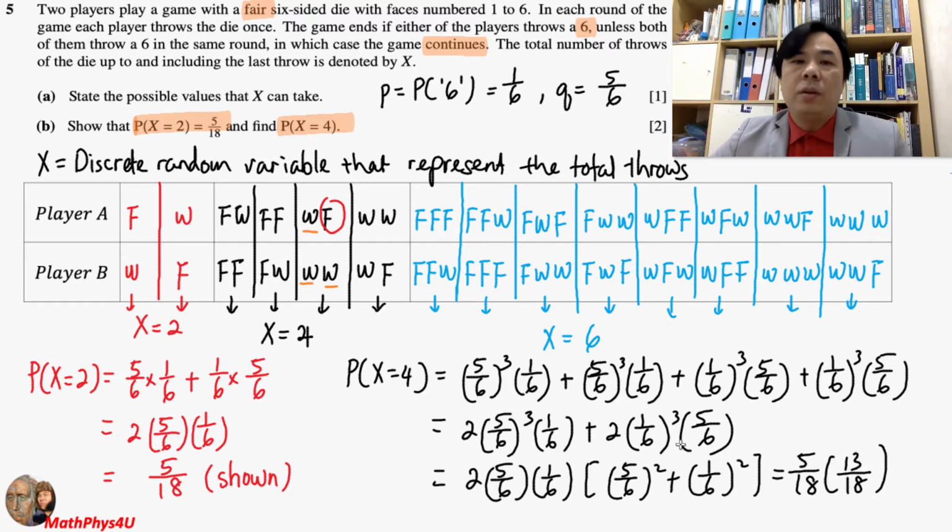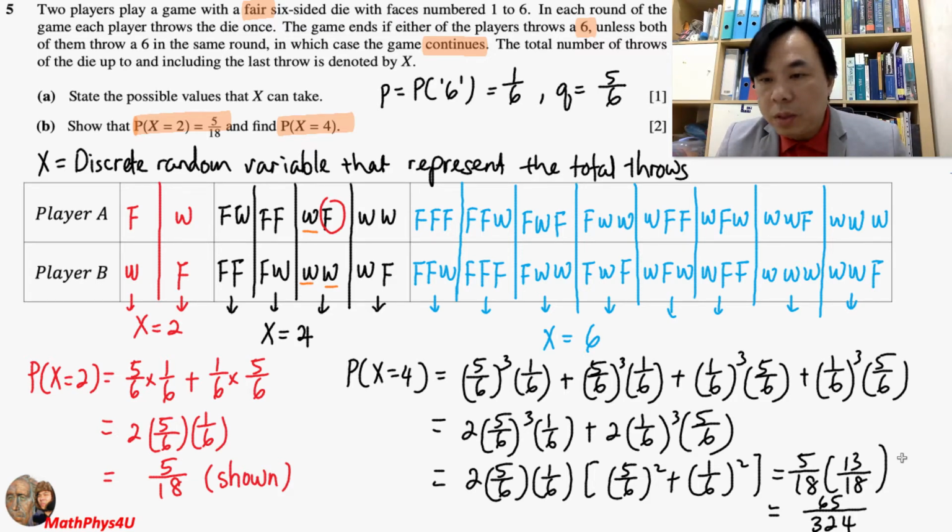Now of course, because we need to finalize the answer for this, we can write this down as 65 over, let me say, 324. That should be correct. Let me see, 18 times 18, yes, correct. So 324.